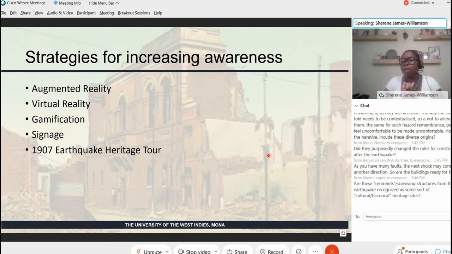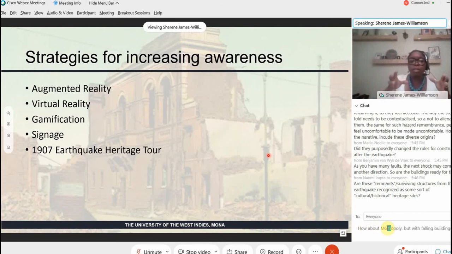Gamification is another way that we could actually raise awareness using these same buildings. So, I mean, there are escape games and similar kind of escape room ideas these days. And let's say, for small children, they'd be in a room, and the room would be their bedroom at the Granville Hotel back in 1907, or it could be a modern room, and they had to point out things that are dangerous in the room, and they have to do that in 30 seconds before the building falls down.